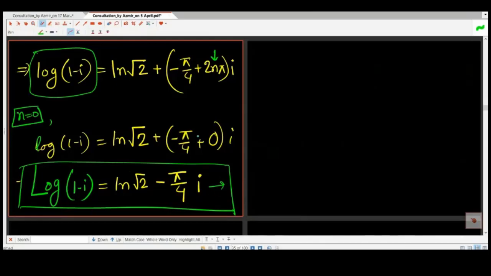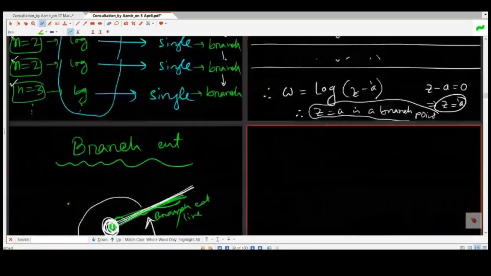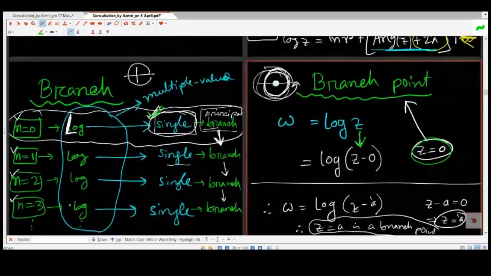This is a branch, but since we have n equals 0, we have the principal value of the complex logarithm, so we can define this one as the principal branch. That's why we established these definitions earlier, that the first branch is known as the principal branch.